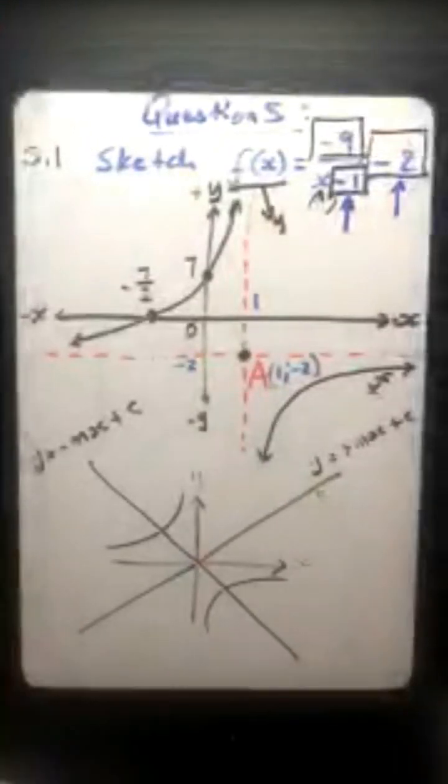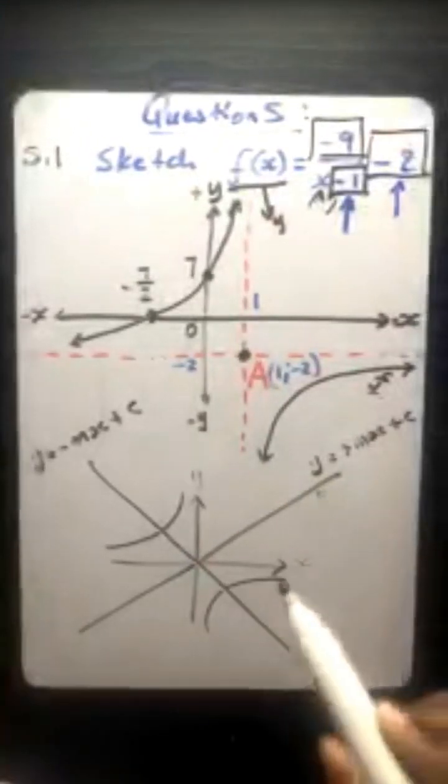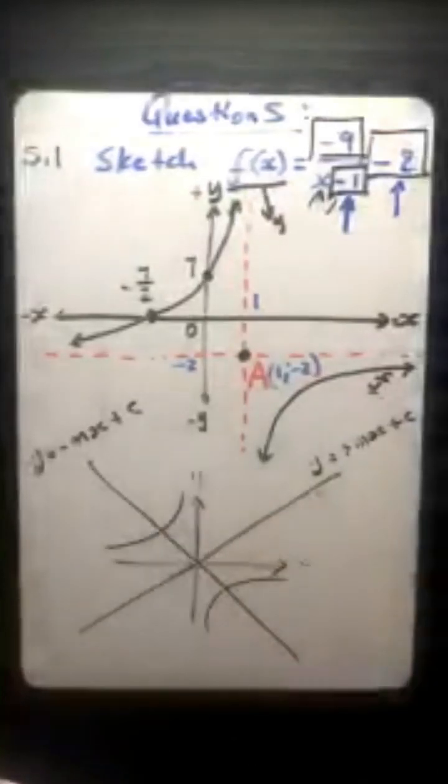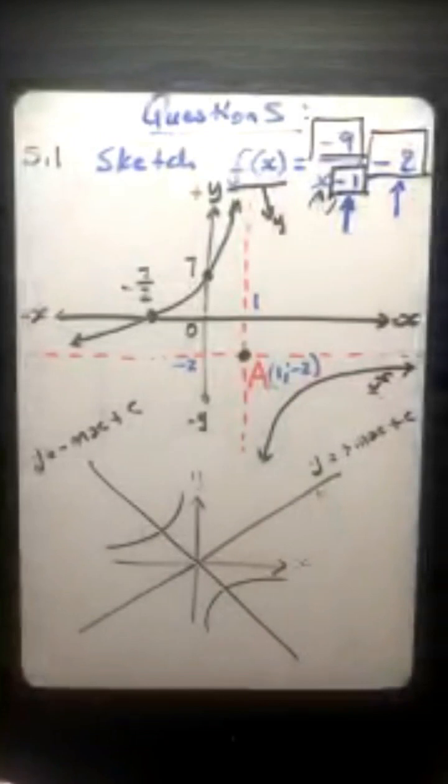Okay. Remember, this is the y axis and this is the x axis. So it only has 1, 2 lines.